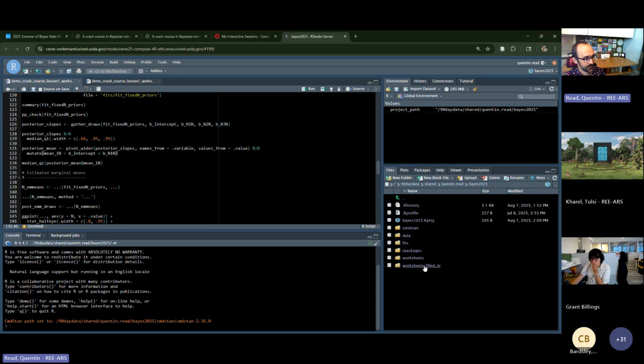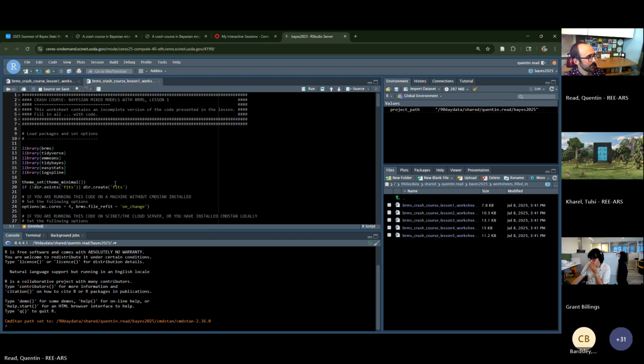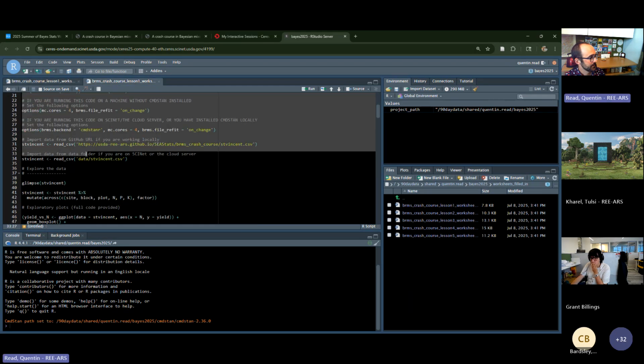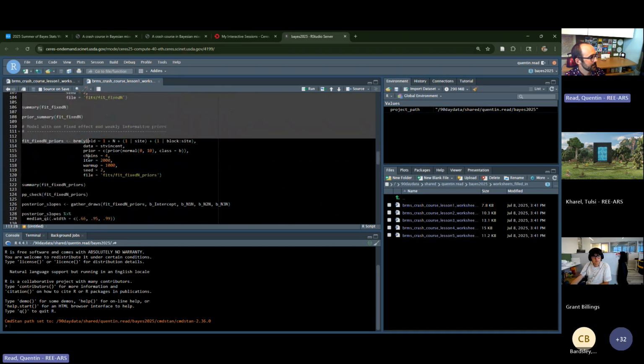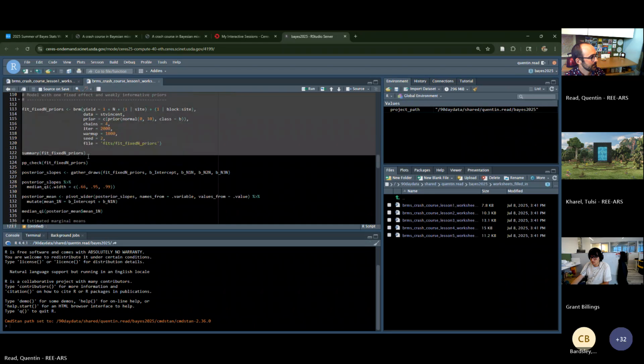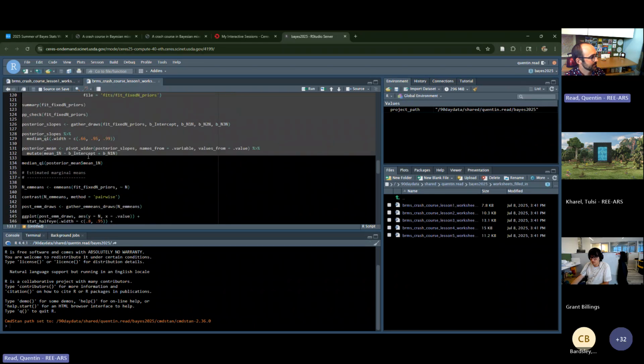So I'm going to go to worksheets filled in, open the lesson 1 worksheet that's already filled in. Now I'm going to highlight everything up to, I believe we got up to this line 134.